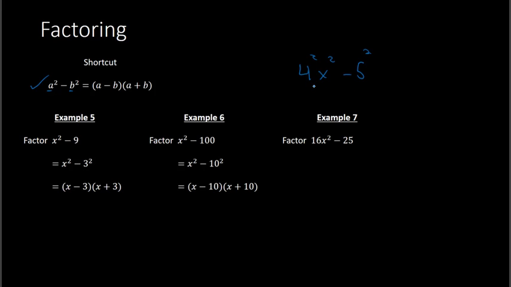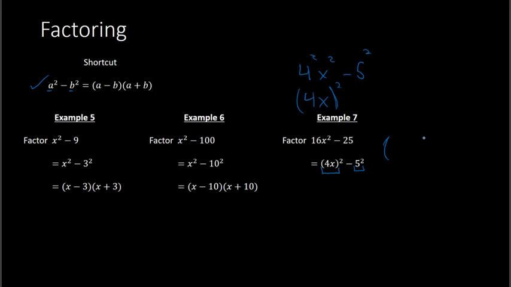Now the 4 squared x squared, I can write that a little more simply as 4x being squared. Because both things are being squared, I can put the squared outside of parentheses, signifying that it goes to both numbers. So I have 4x being squared minus 5 being squared. So now we have a difference of squares. This is our a value, and then 5 is our b value.